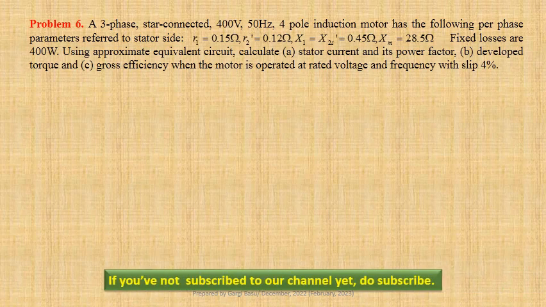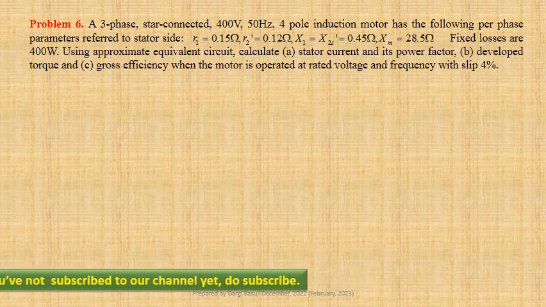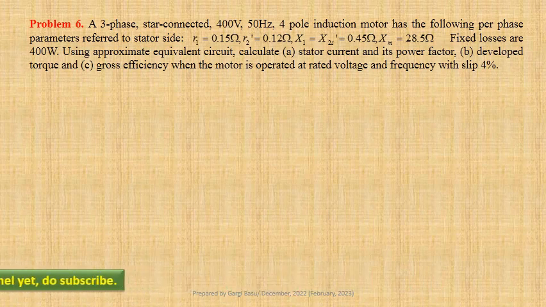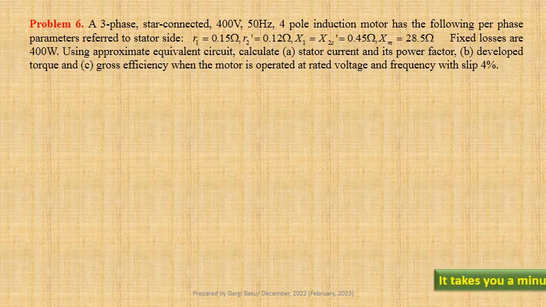A three-phase star-connected 400 volts 50 Hz 4-pole induction motor has the following per phase parameters referred to stator side. R1 equals 0.15 ohm, R2 dash equals 0.12 ohm, X1 equals X2s dash equals 0.45 ohm and Xm equals 28.5 ohm. Fixed losses are 400 watts.